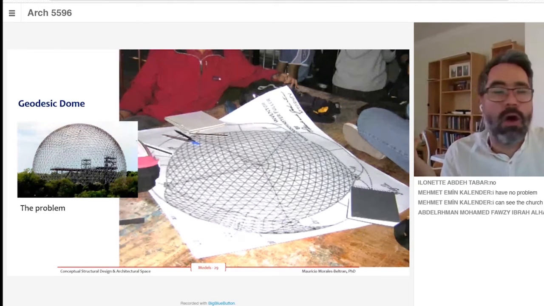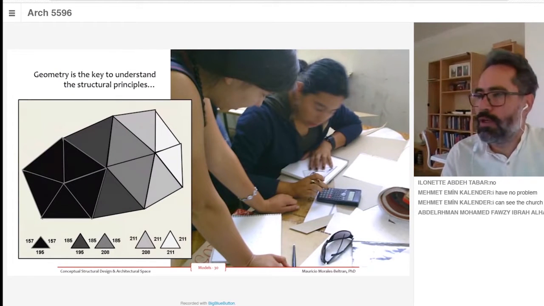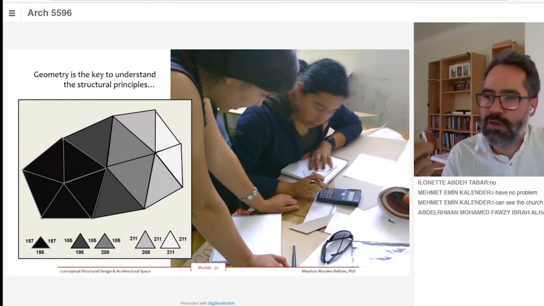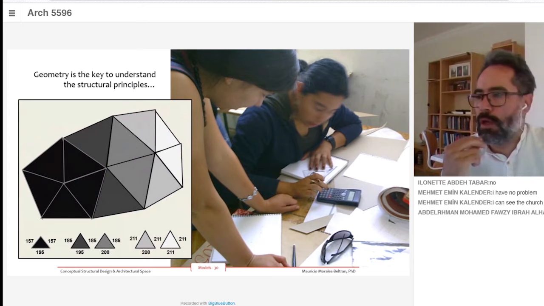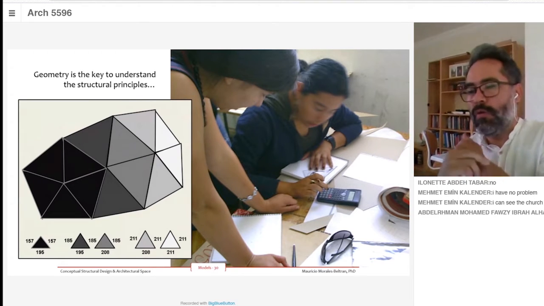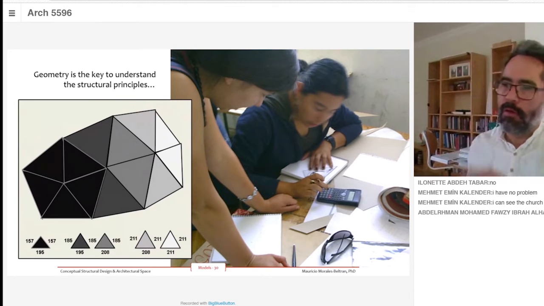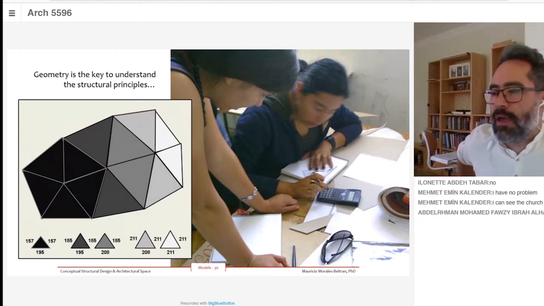So again, they had to understand, and they realized that there is a geometrical principle behind these domes, which seems to be quite straightforward, but they realized that actually there were 5 types of triangles, like you can see at the bottom of this slide, on the left inside.